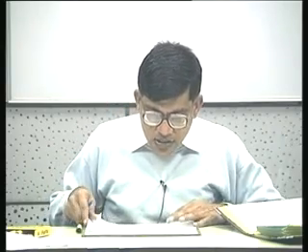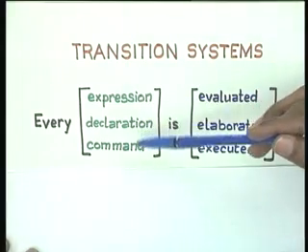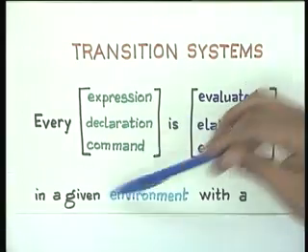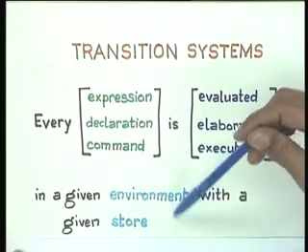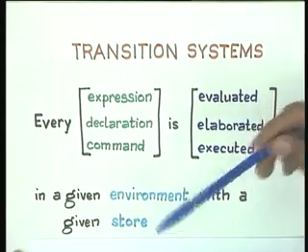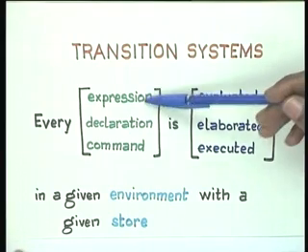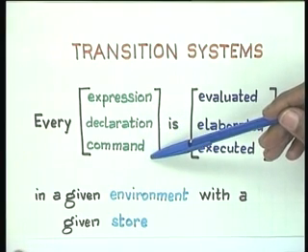The transition systems are such that every expression, declaration and command is evaluated in a given environment with a given store. So both the environment and store are parameters of our transition rules for all possible categories.